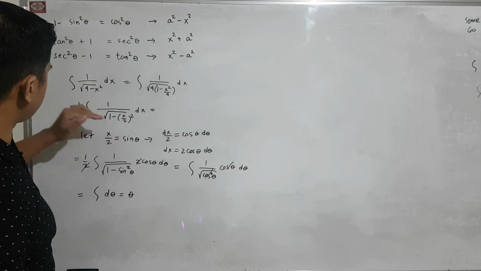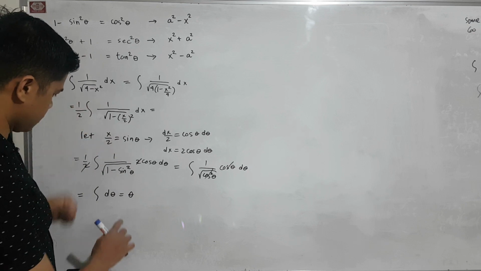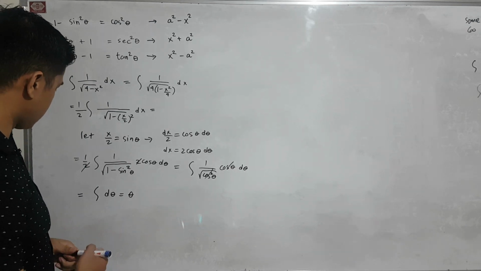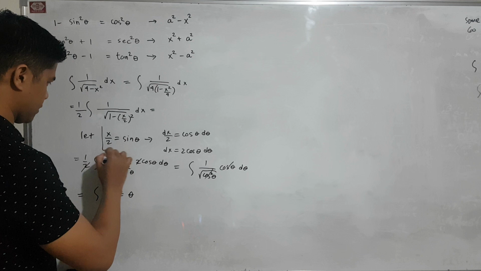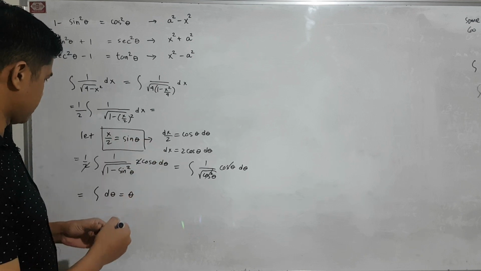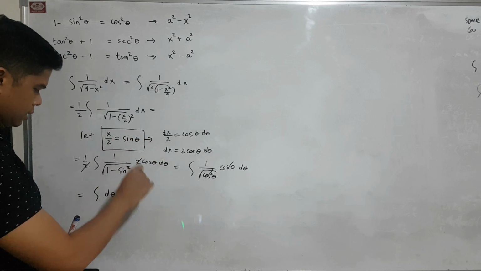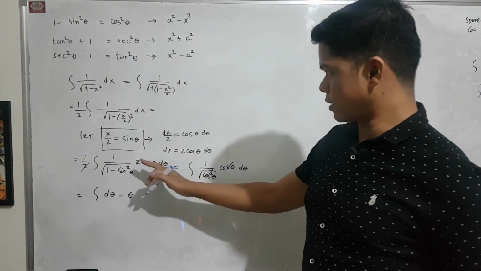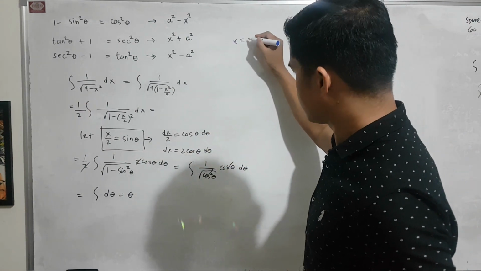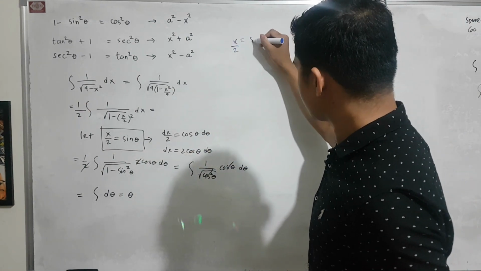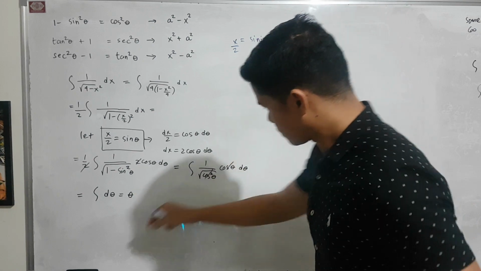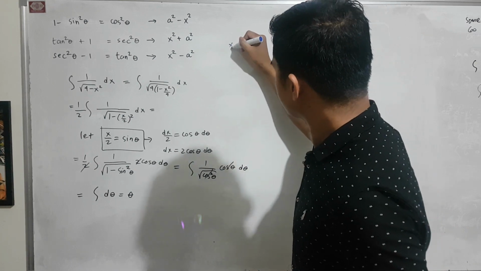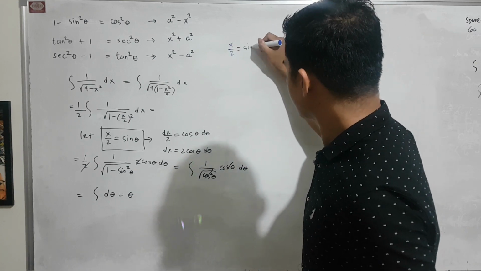Since our original integral is in terms of x, we need to convert this to the x variable. We need to go back to our substitution, x over 2 equals sine theta. So how do we find theta in this equation?